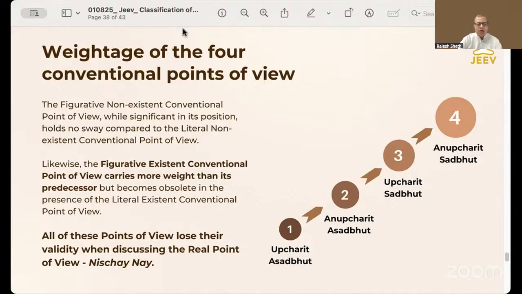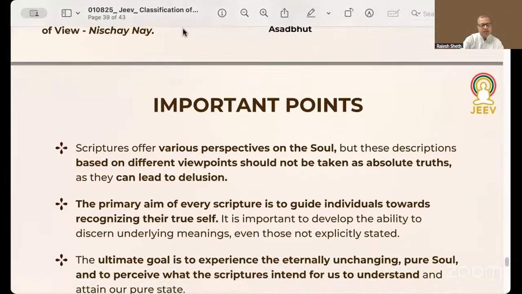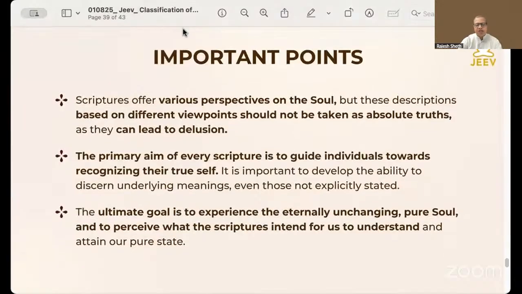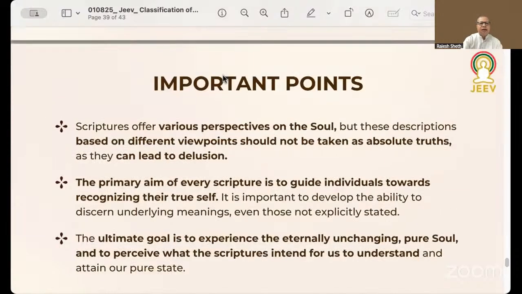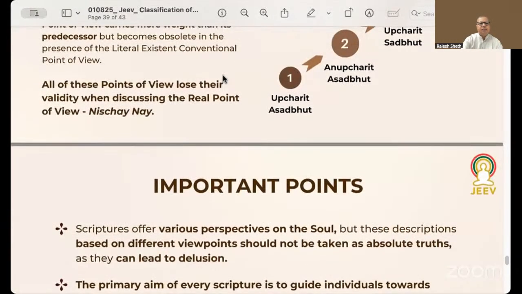All of these points of view lose their validity when we move on to the real point of view, nischay naya. So when we move on to the nischay naya, all these 4 conventional points of view will lose their importance. That is what we are going to do next.